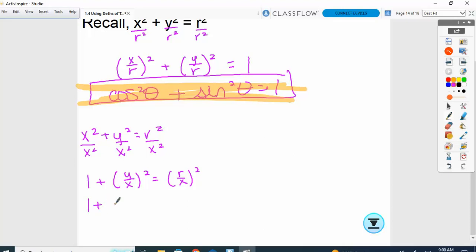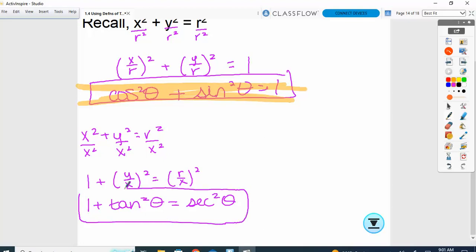What is y over x? What is r over x? So 1 plus tangent squared theta equals secant squared theta is the second Pythagorean identity.